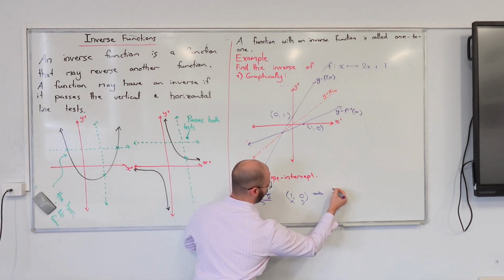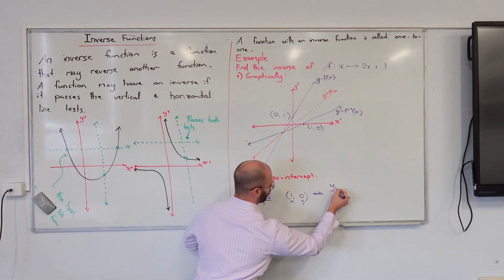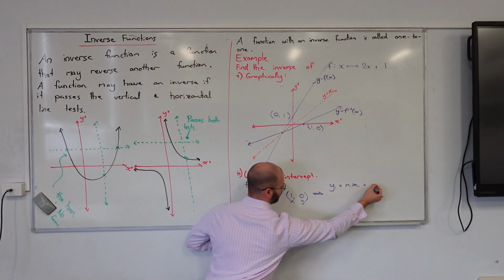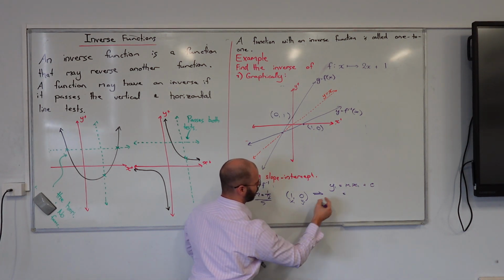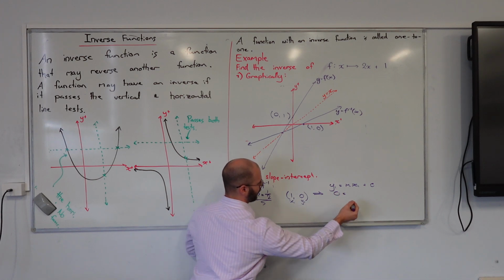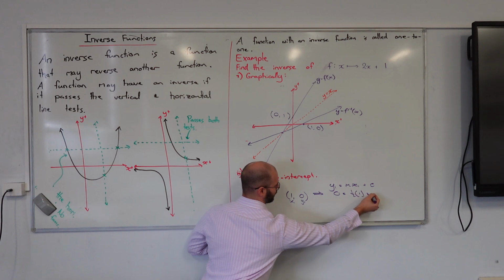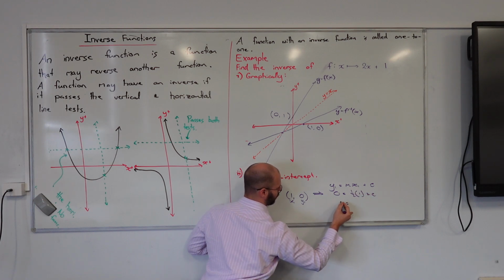But you go y1 equals mx1 plus c. y1 is 0, x1 is 1, the gradient is a half, plus c, so your c is going to be negative a half.